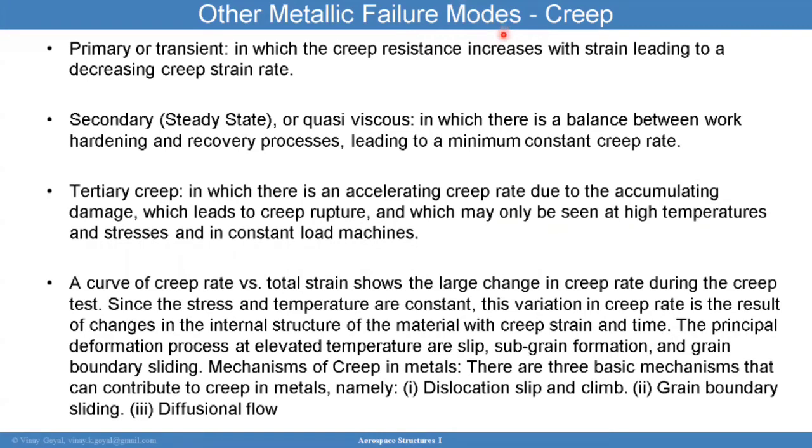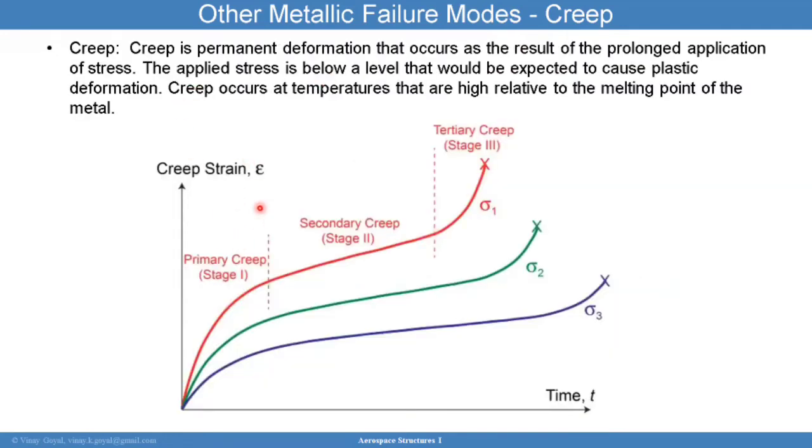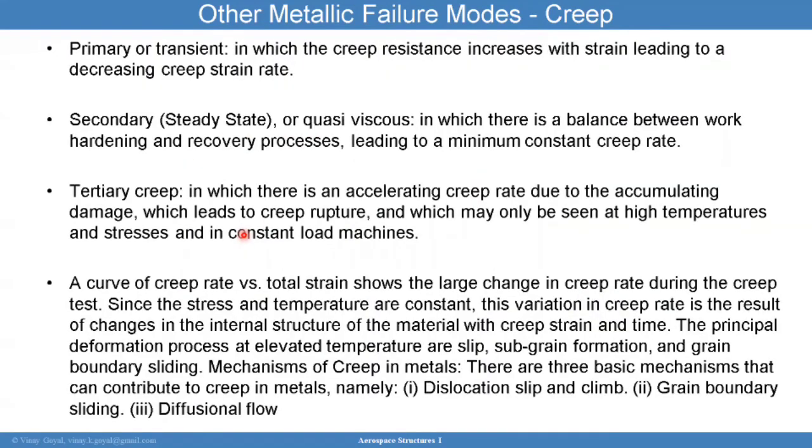So then we have the primary creep here, stage 1, where creep resistance occurs. Then we have the secondary stage, where there must be a balance between work hardening and the recovery processes at the micro level.